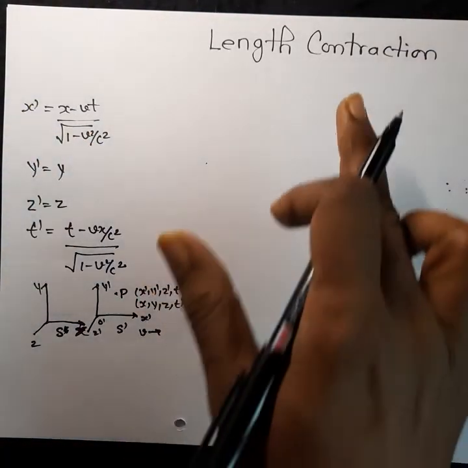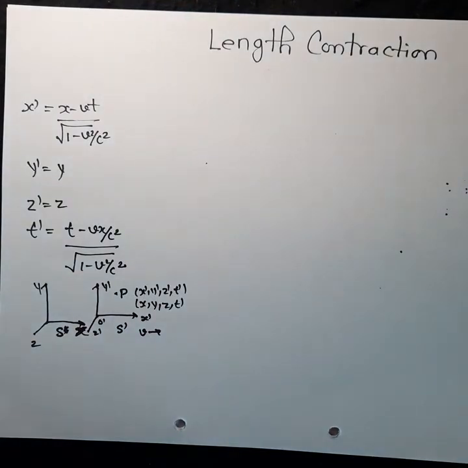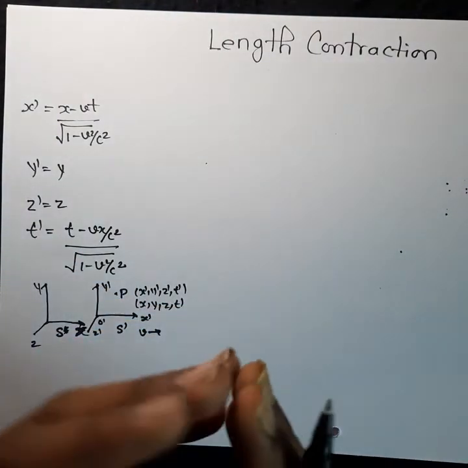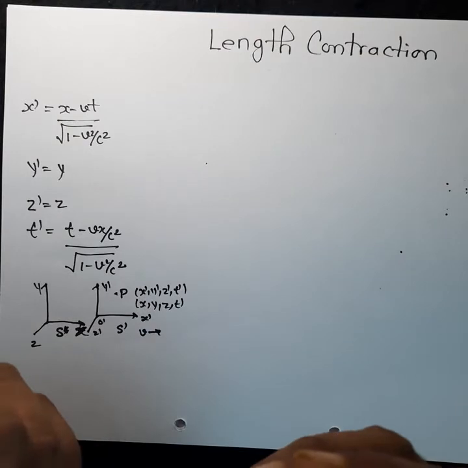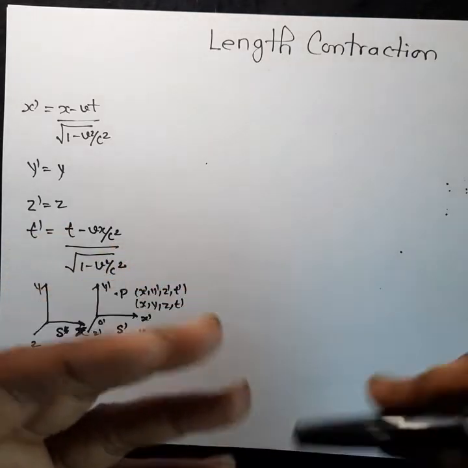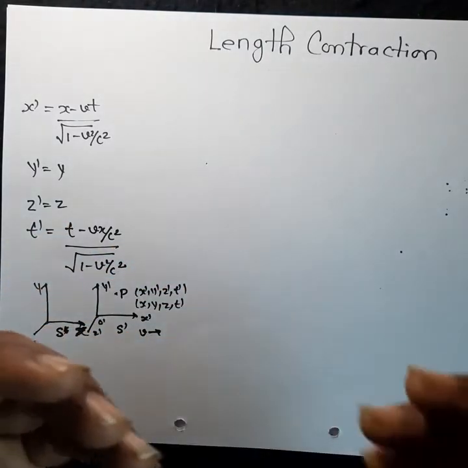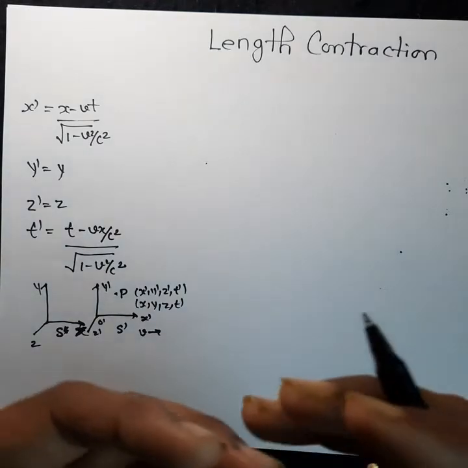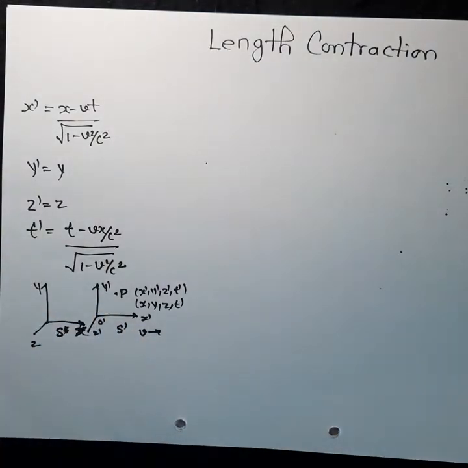Among them, one is length contraction. So what is length contraction? If a rod is moving in some direction with velocity v, then the observer which is at rest will notice that the rod is somehow smaller in size than its actual size.